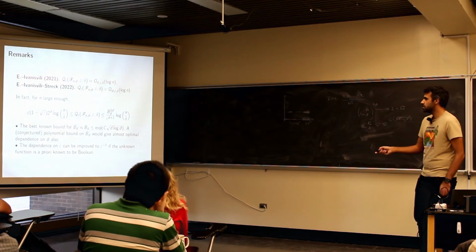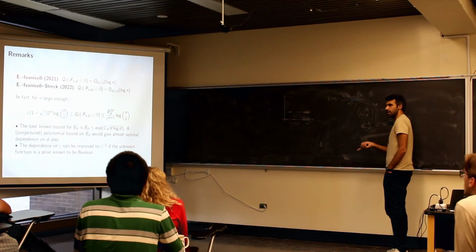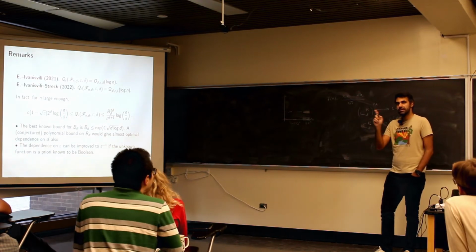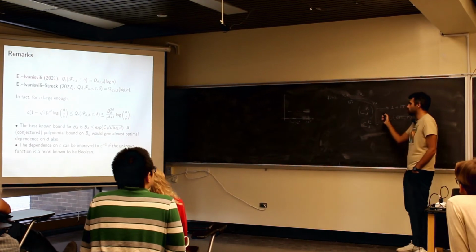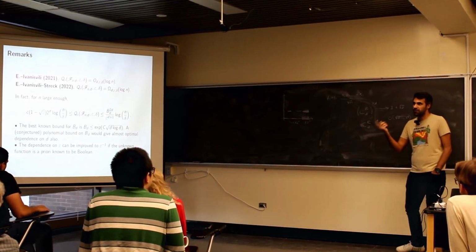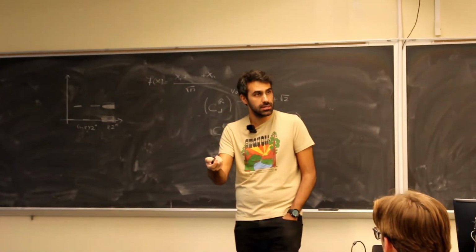Now, the best known bound for BD is actually the same as the complex bound. So let me just go back to this a little bit. So BD was bounded by the real constant, which we believed grew exponentially. But in fact, it's not the same because it's only restricted to multilinear polynomials.